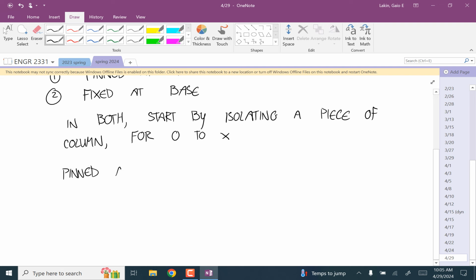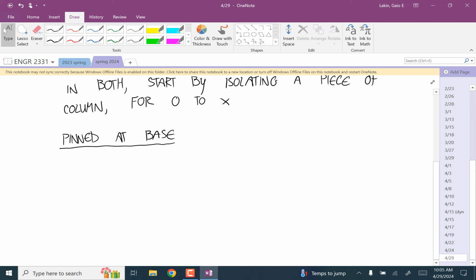So we'll start with pinned at the base. That means there's no reaction couple at the ground. At the base.